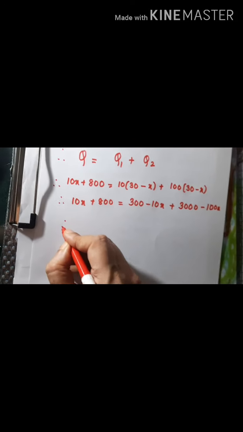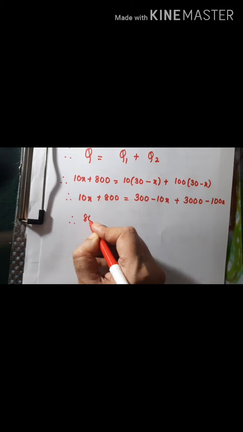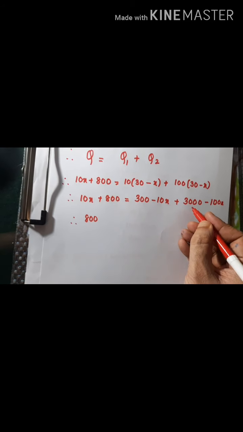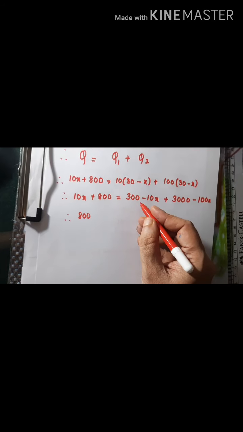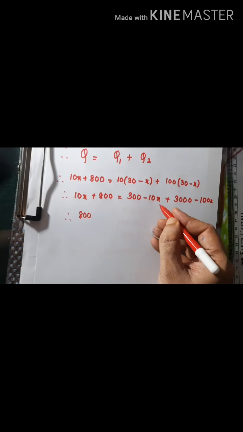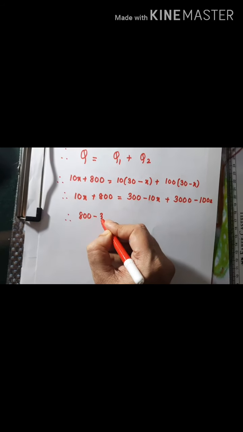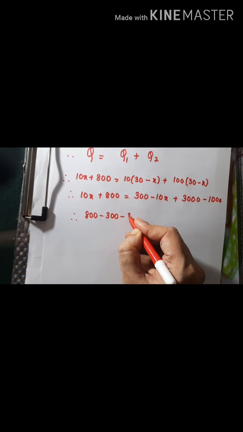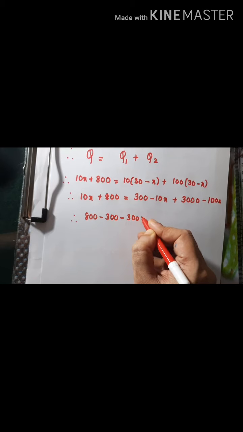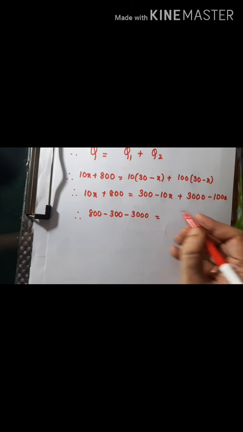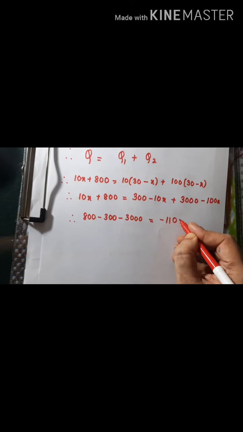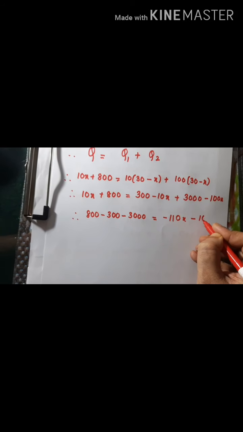Right? So therefore, can I say 800? I will bring this, yeah. So I will say 800 minus 300 minus 3000 equal to minus 110x minus 10x.